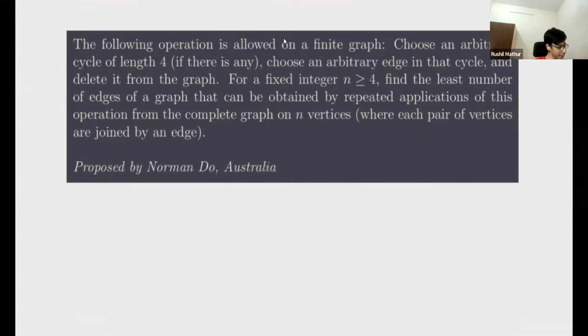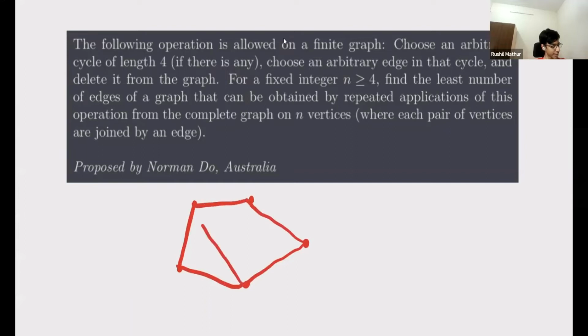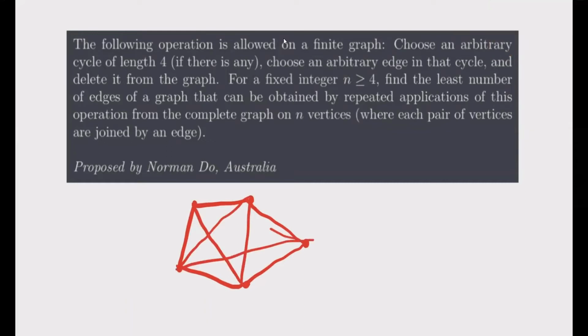Basically, you start off with the complete graph, which basically means everything is connected to everything else. So just for 5 vertices, I'll draw the thing. Okay.